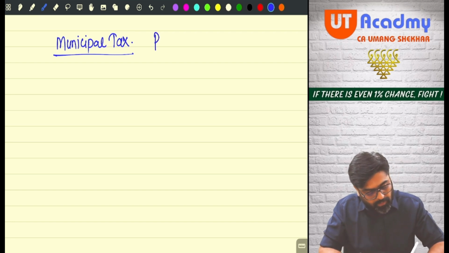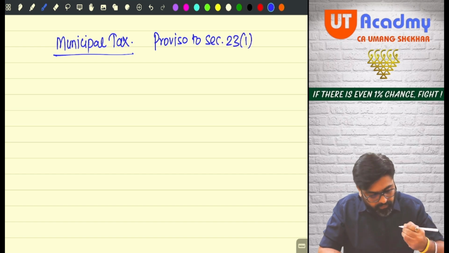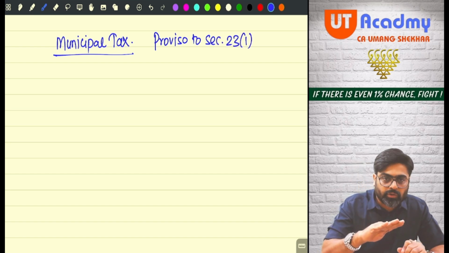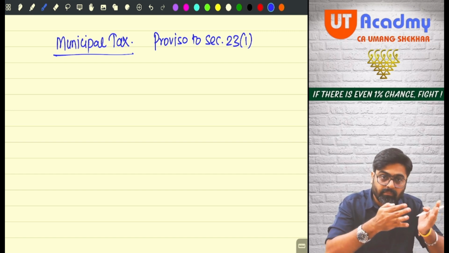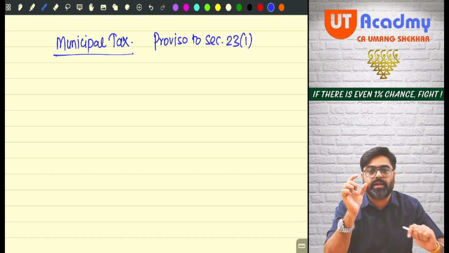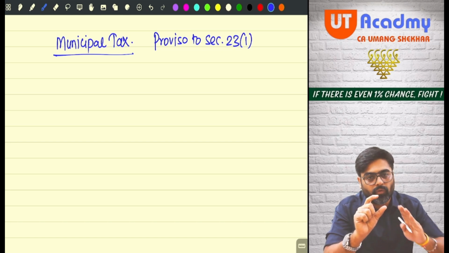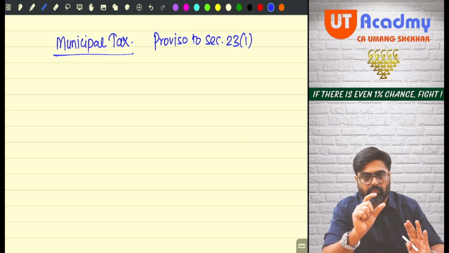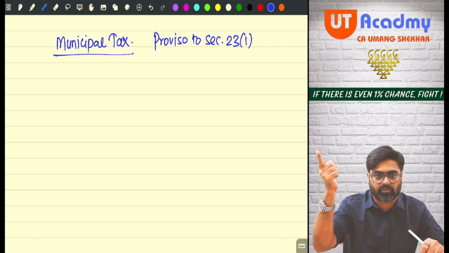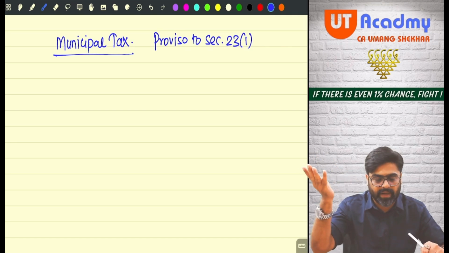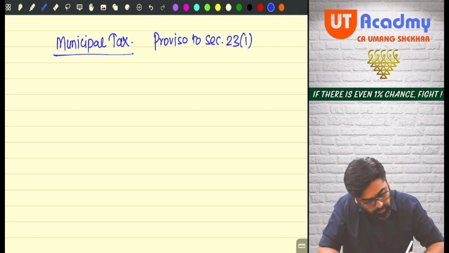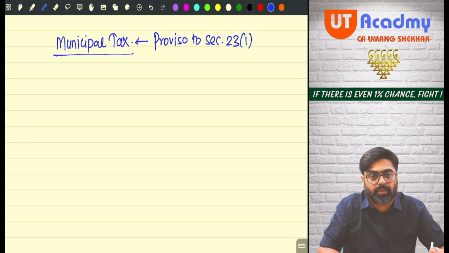As per the proviso to section 23(1), my GAV will be reduced by this amount, and the balance amount, which is treated as my net annual value, will be charged to tax. But from there also I will get two deductions, 24A and 24B, right? So as per this proviso, I will take the deduction for municipal tax.